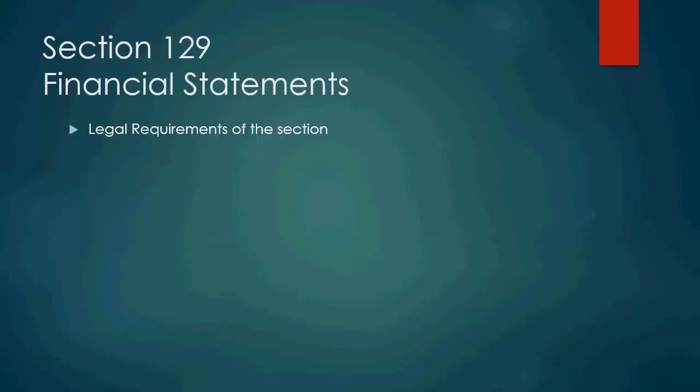And section 129 also says that if a company has one or more subsidiaries, then that particular company, the parent company, is also required to prepare a consolidated financial statement. And that will be in the same form and same manner as its own. That means the form and manner that the parent company is applying for its own financial statement, they will apply the same form and manner for the financial statement that they will be preparing on the consolidated basis.